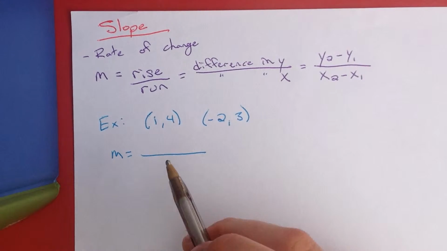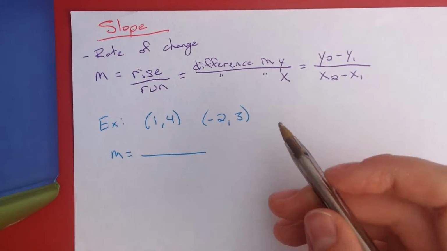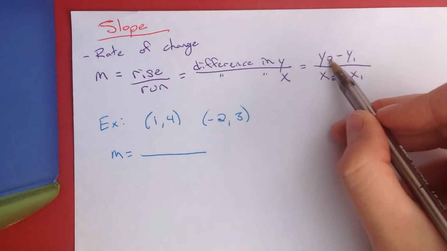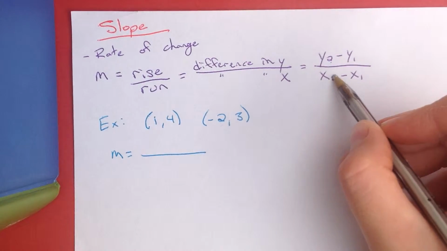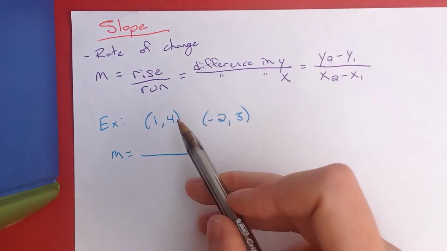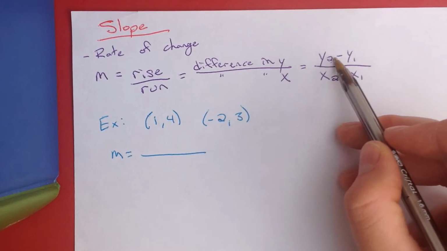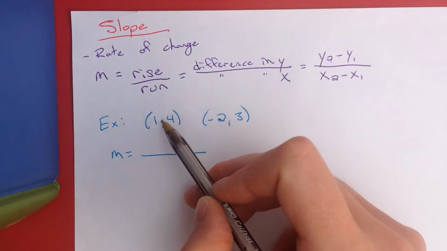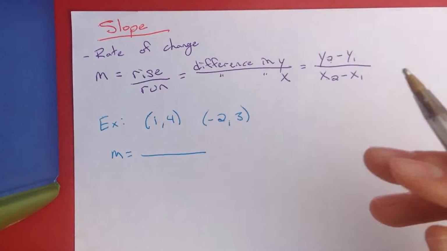It actually doesn't matter which one you pick, as long as once you pick it to be number 2, it becomes your point 2 in both spots. A lot of times a misconception happens when people intermingle these. You have to keep the same point as the second point and the same point as the first point once you've picked it to be that.